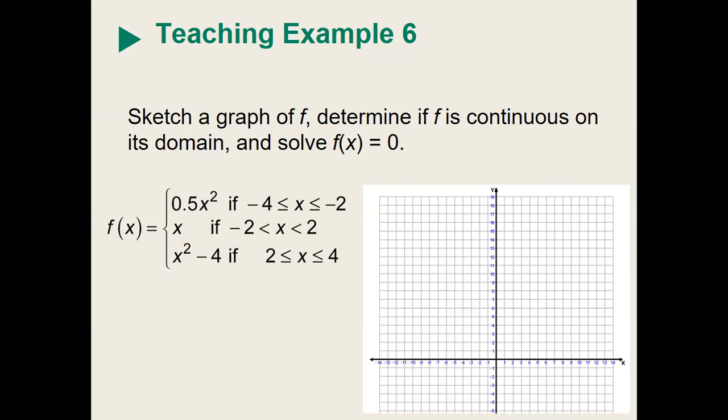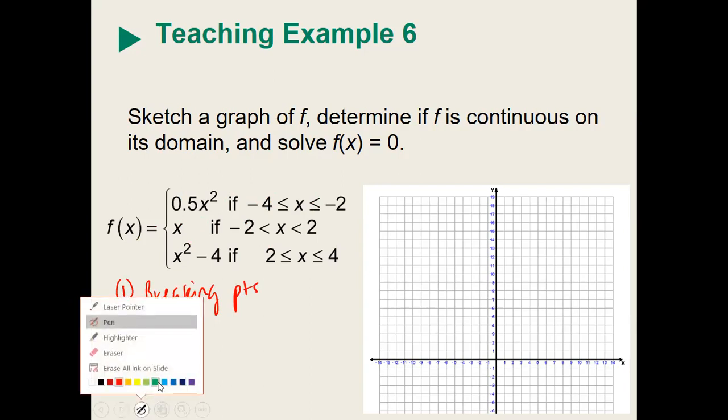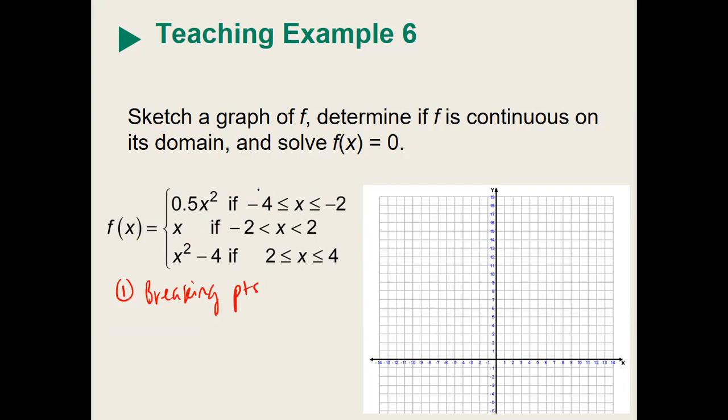That's all we're doing. So the first thing is our breaking points, where the pieces start and end. For this, our breaking points are at -4, -2, 2, and 4.